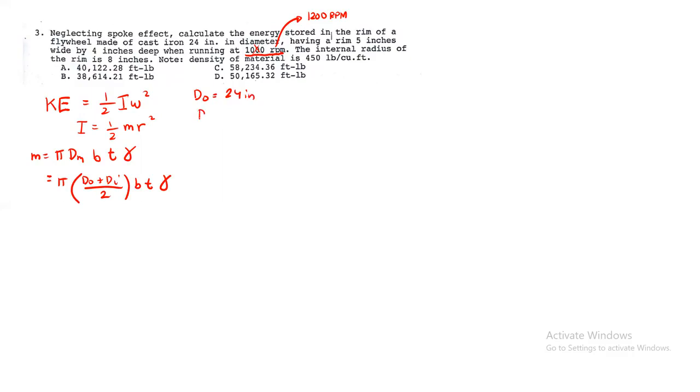Ang DI natin dito is equals to 2 times yung radius na 8 is equals to 16 inches. So, ilan? Pi times 24 plus 16 divided by 2 times width. So, ano yung width natin dito guys? 5 inches. Times thickness na 4 inches. Times 450 pounds per cubic foot.